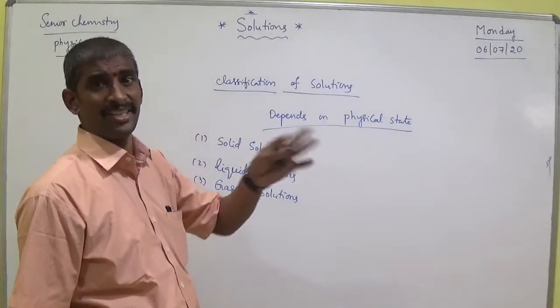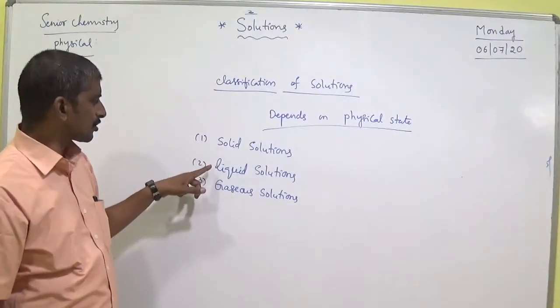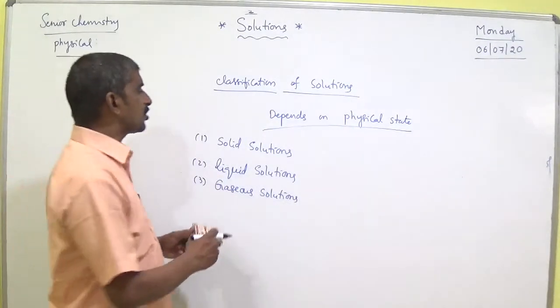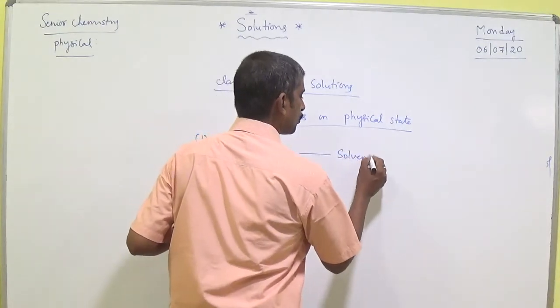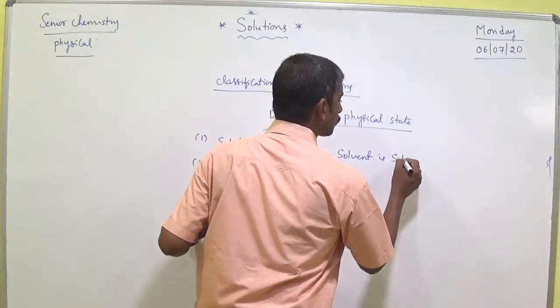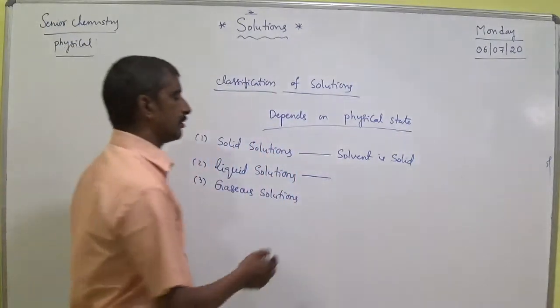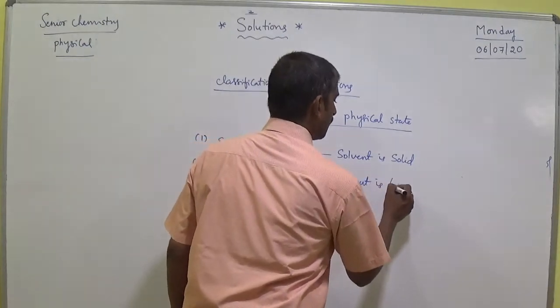Before, I explained the nature of solvent. Now it depends on physical state: solid solutions, liquid solutions, gaseous solutions. We know in solid solutions the solvent is compulsorily solid. In liquid solutions, the solvent is liquid.